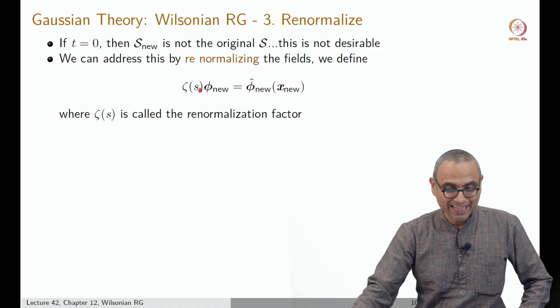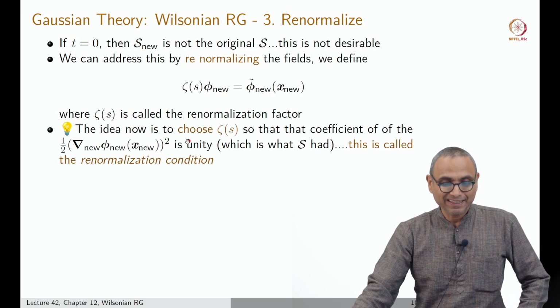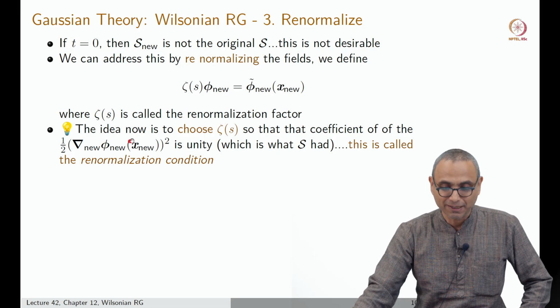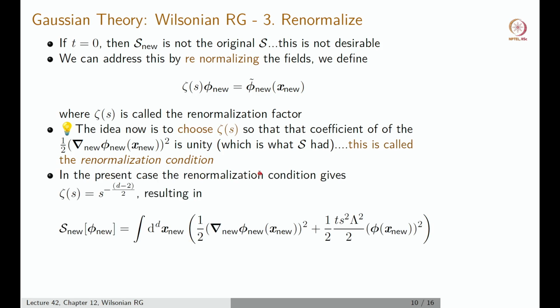And it is a very simple exercise for you to show that if you choose this condition so that the coefficient of this term is actually 1, which is what S had, this renormalization condition will give you that zeta of S is S to the power minus (d minus 2) by 2.